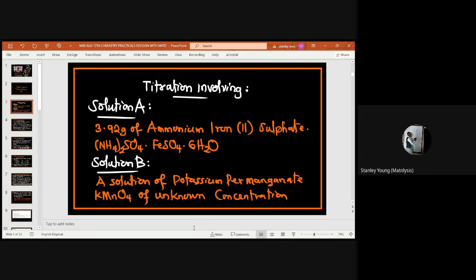And the aim of the experiment is to determine the concentration of B. And mind you, the exam can be remodeled in such a way that the concentration of B might be supplied. The aim can then be channeled to maybe identifying an unknown element labeled as probably X.